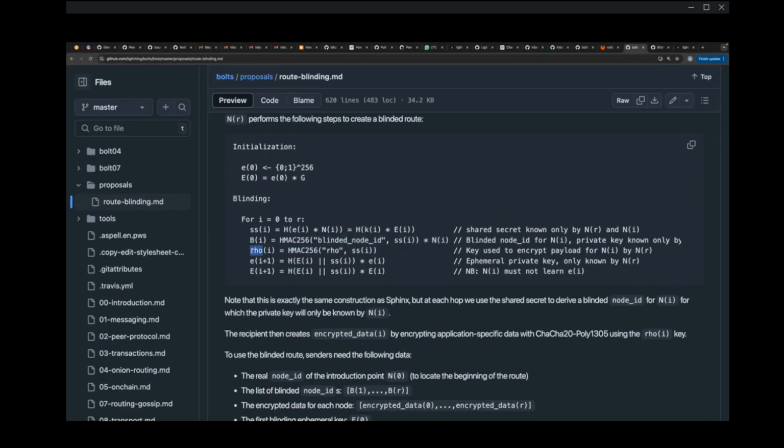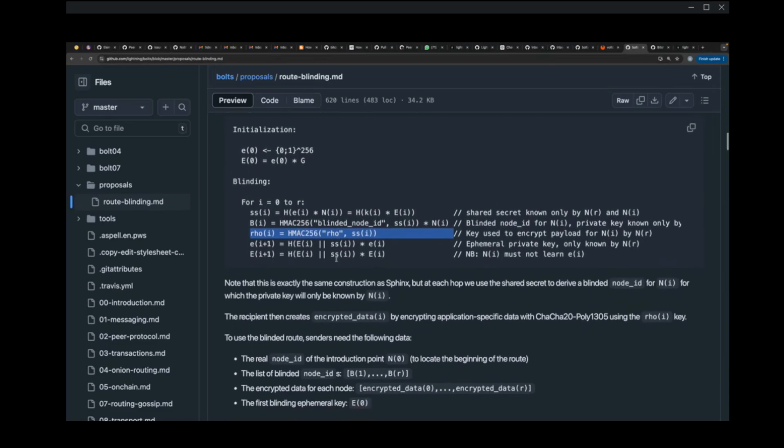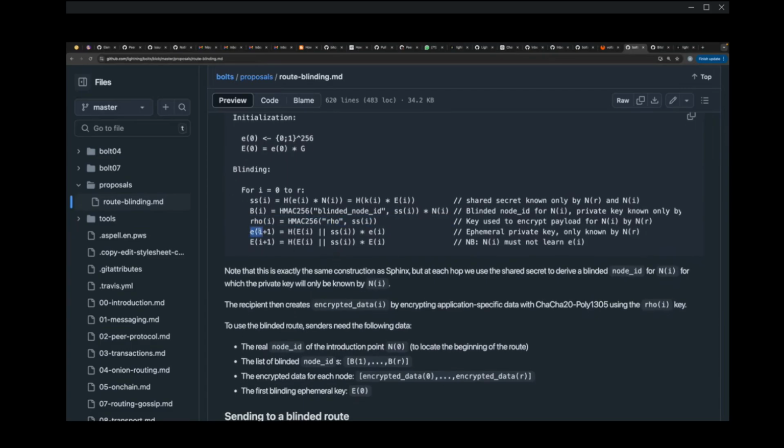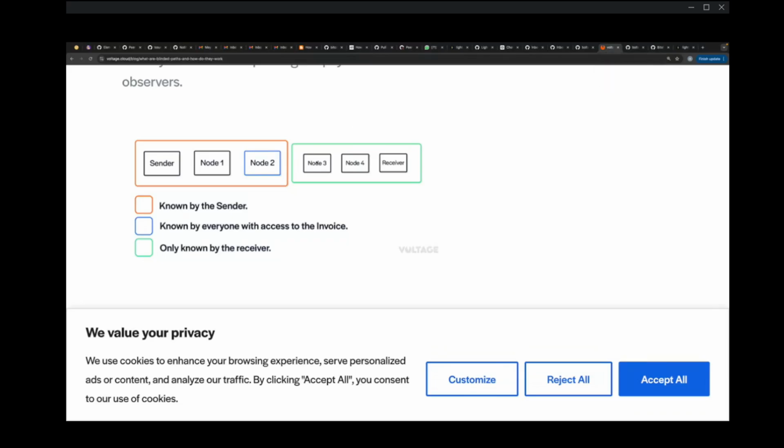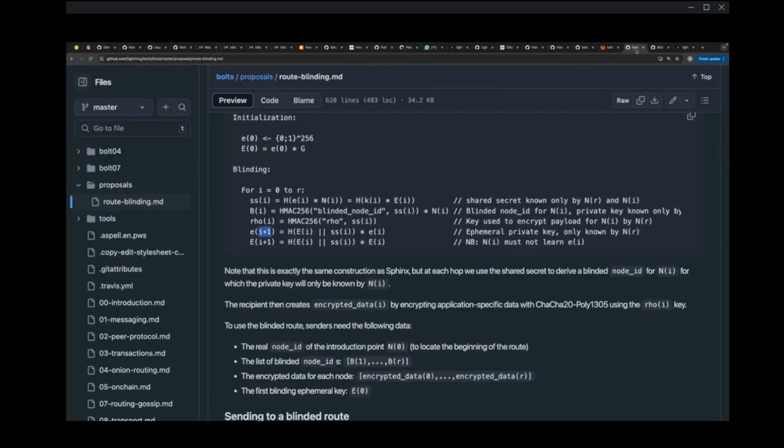Then you create another key called rho. This rho key is used to encrypt data, which is inscribed inside the blinded route. And then you create an ephemeral key for the next node, the i plus 1th node, basically. So if you look at it, node 3 would be able to create ephemeral public keys for node 4.